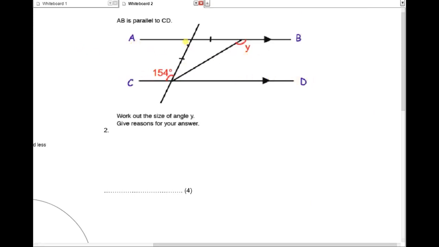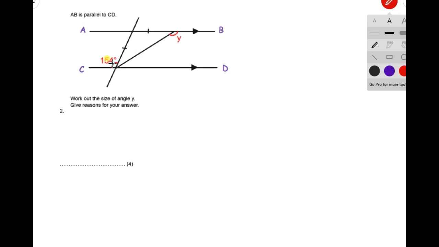Okay, so here you go, another question. Seems to be interesting. Now, AB is parallel to CD, and these are the two transversals that we can see here, this and that. This angle is exactly alternate to this angle.